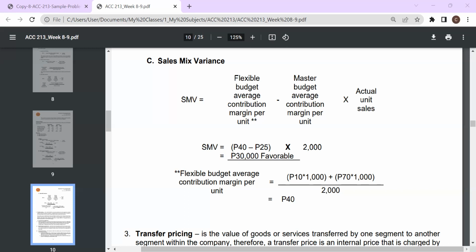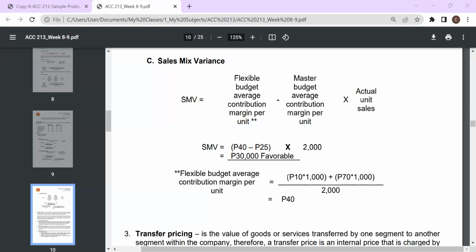So, yung budgeted natin na sales price, which is 6, multiply by the actual units sold, no, which is 4,800. Plus your budgeted na sales price times your actual. Actual niya is 5,300. Over, of course, no, yung total nito, 4,800 tsaka 5,300. So, that's 10,100.